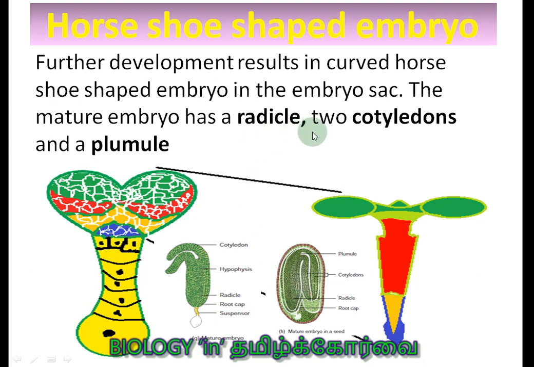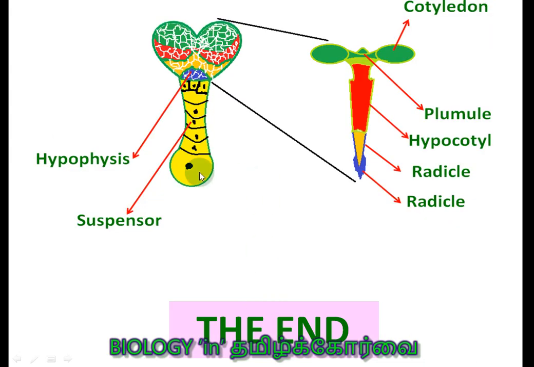So finally what is formed? The mature embryo has the radical. This is the radical. The root cap is from the upper layer of the hypophysis. This is the root cap, and this is the hypocotyl. Then the cotyledons, these are the cotyledons, and this is the plumule. All are formed. Here with labeling I gave hypophysis and suspensor.